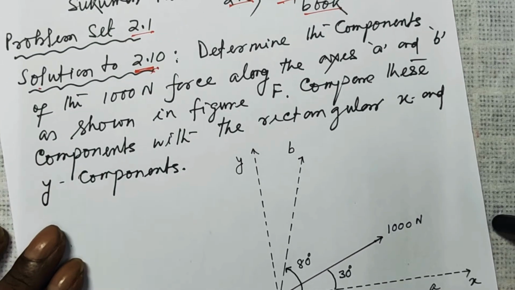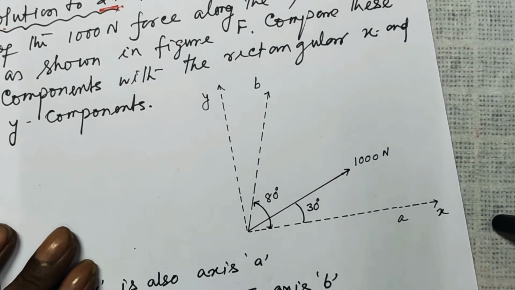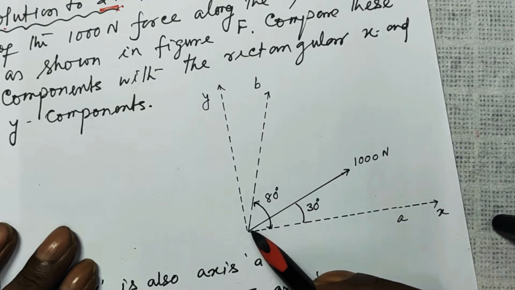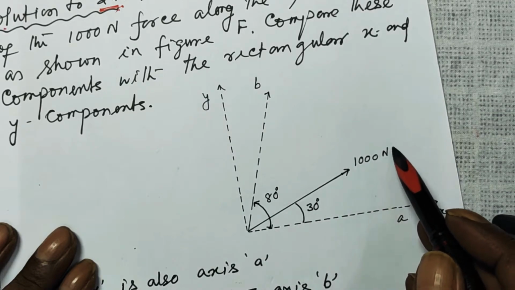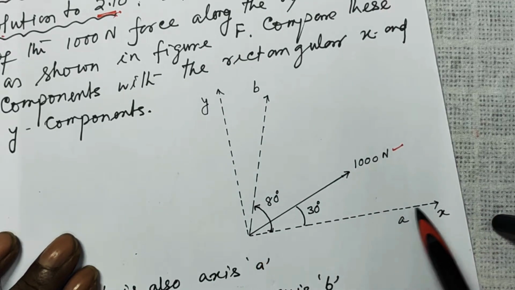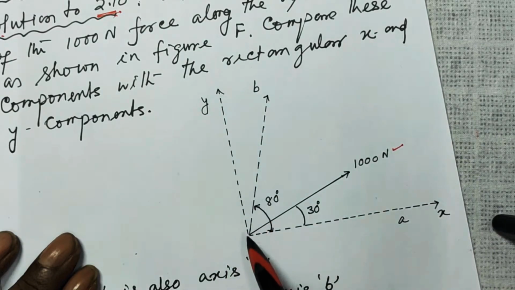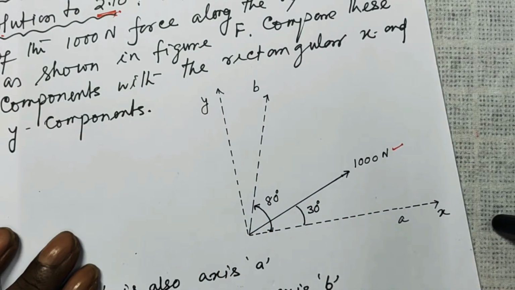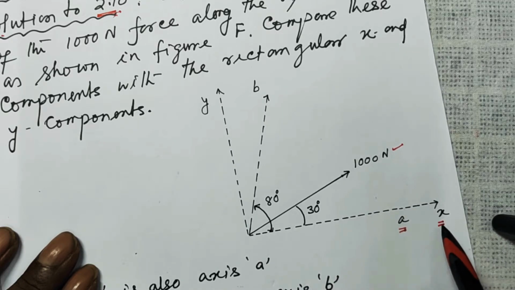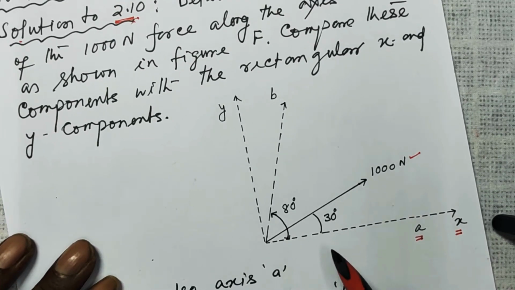So let us go to problem set 2.1, the solution of 2.10. Now, what is given in the numerical is a 1000 Newton force. This is your x-axis, this is your y-axis, and it has considered two more axes. Axis A is also coinciding with the x-axis.